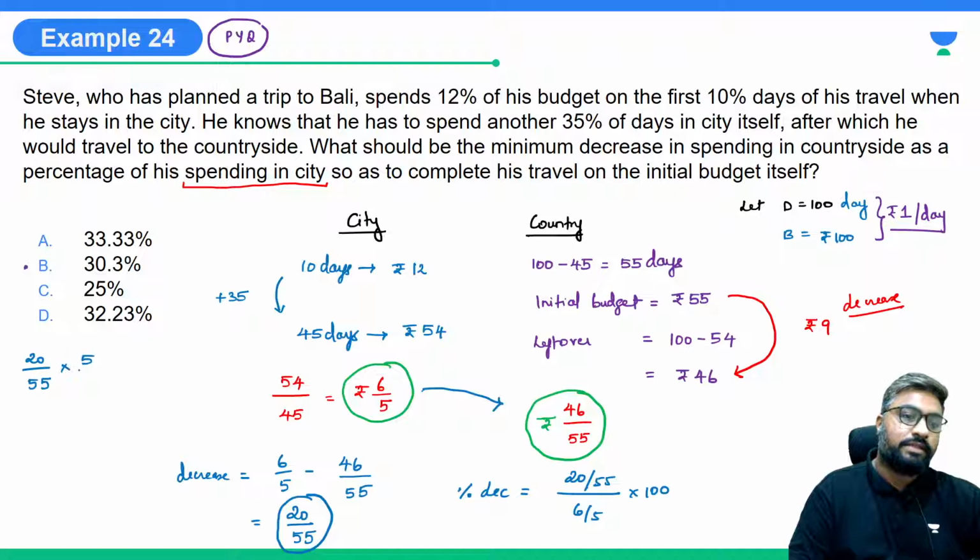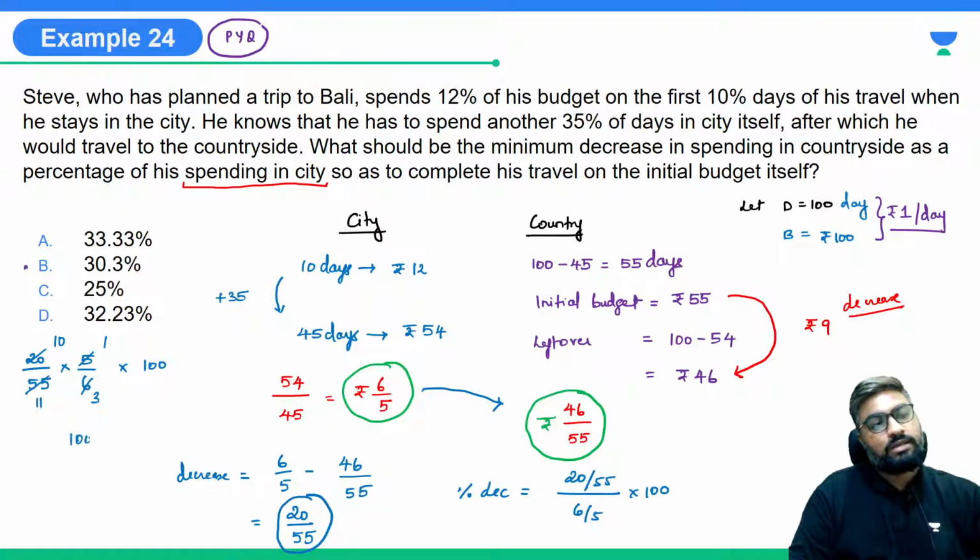Into 5 by 6. This is once 11 times, this is 10 3 times into 100, है ना? So this will be 10,000 by 33 percentage.